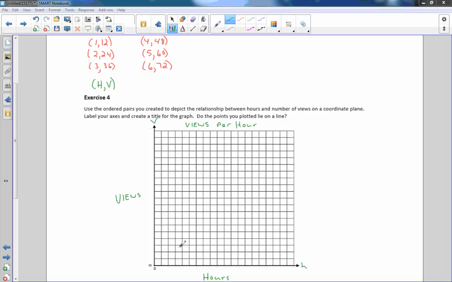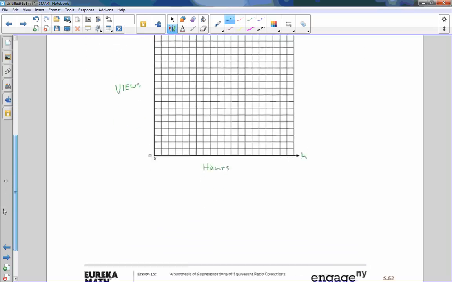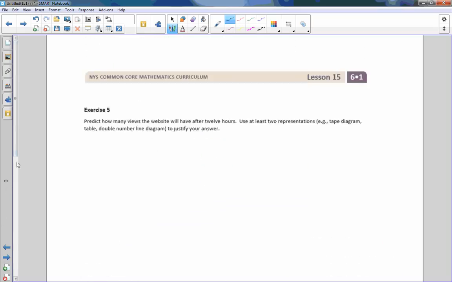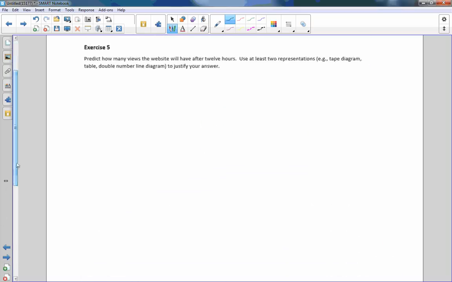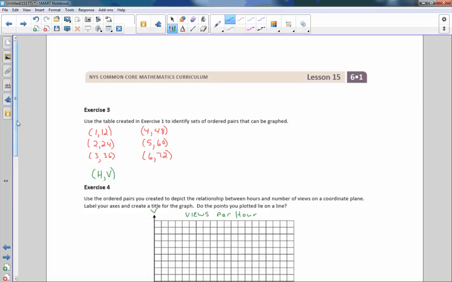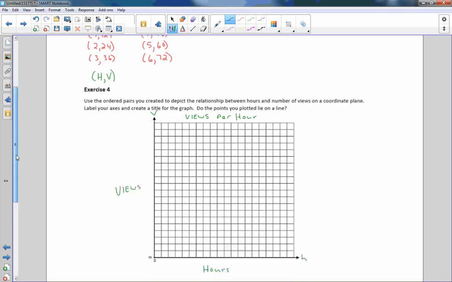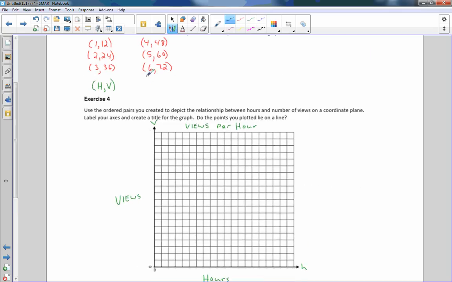Okay, and I always should probably look and see what other questions are being asked that will be on the graph. So I'm going to go ahead and do that. And exercise 5 says to predict how many views the website will have after 12 hours. So I needed to know that, because now I know that I'm going to be going all the way out to 12 comma something.